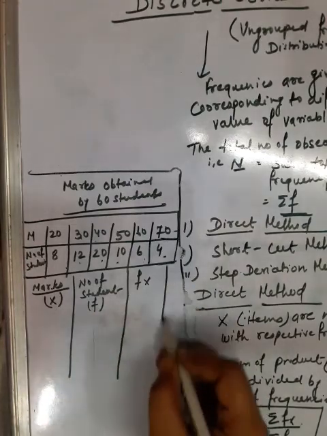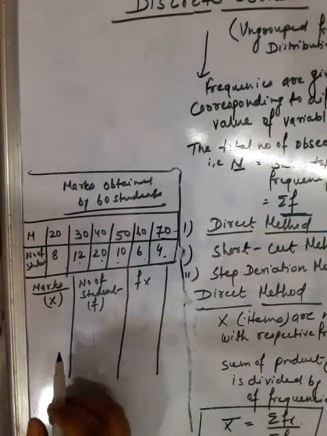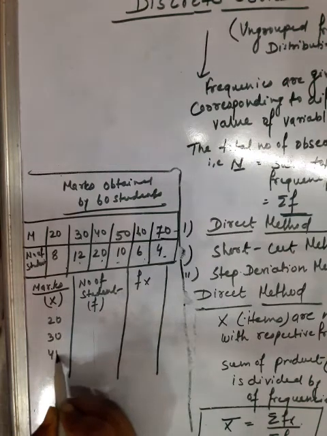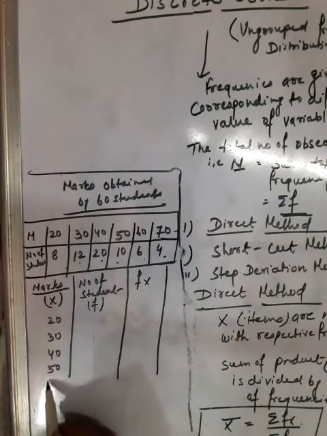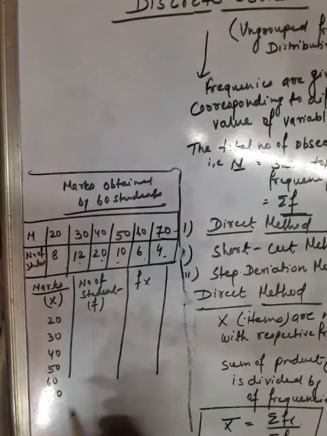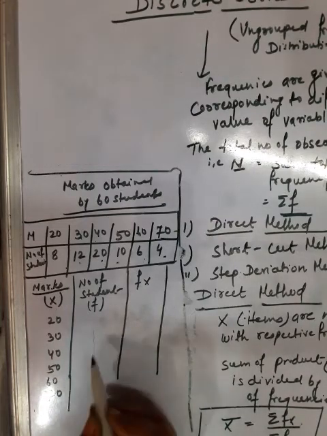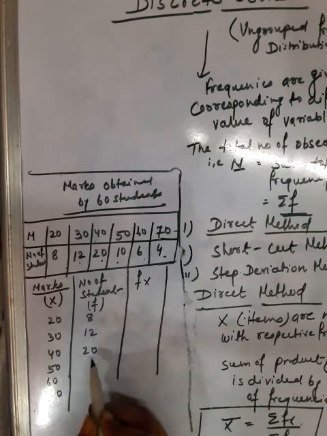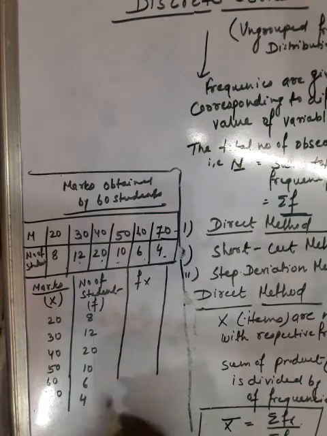Marks are 20, 30, 40, 50, 60, 70, and number of students are 8, 12, 20, 10, 6 and 4.